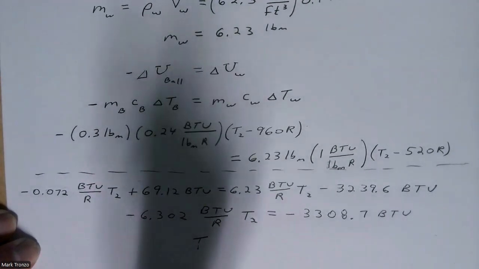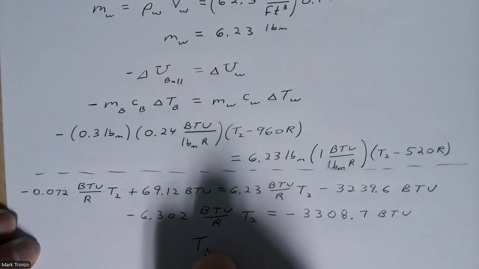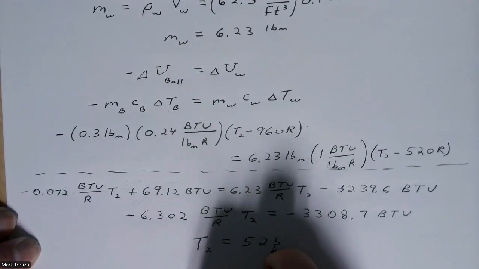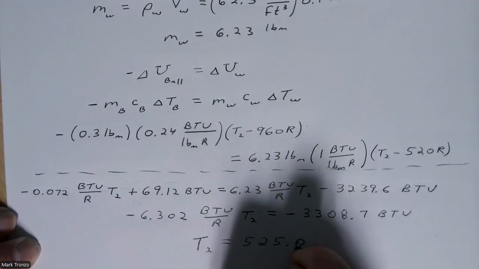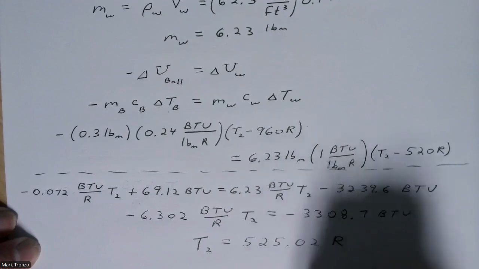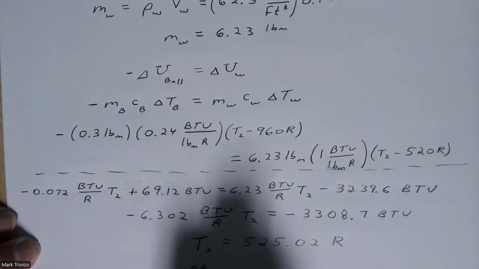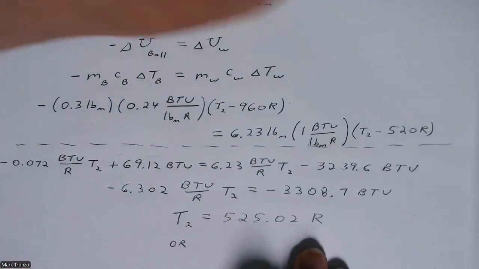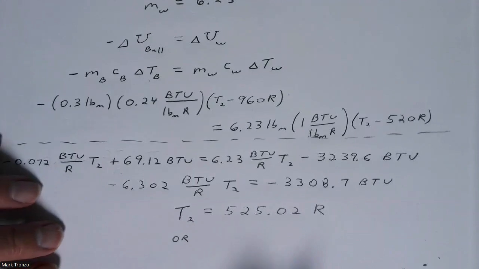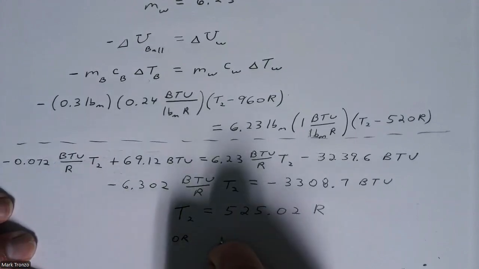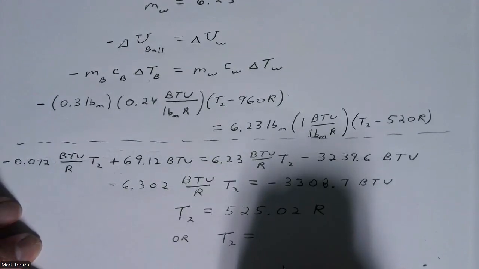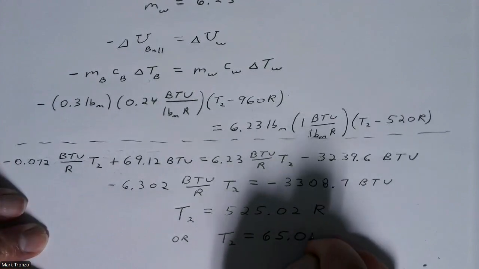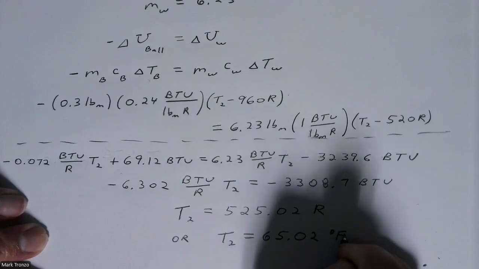We end up getting that T2 is 525.02 degrees R. Or if we subtract 460 from that, we will end up with T2 being 65.02 degrees F, like that.